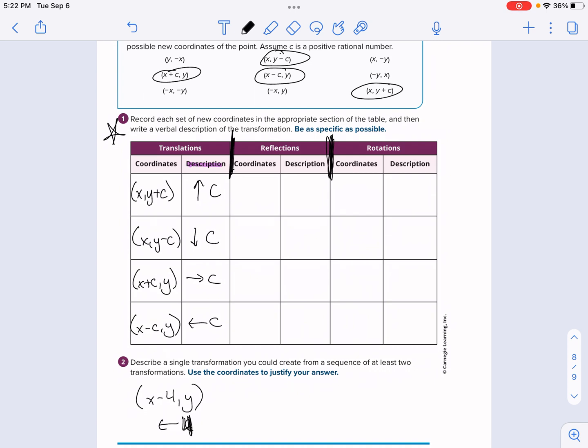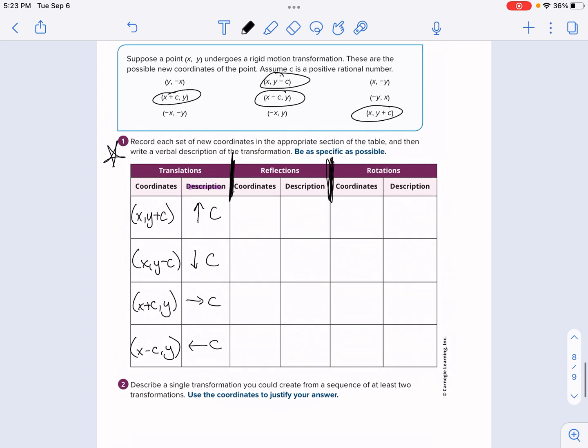Okay. Anyways, moving on to the next one, which is reflections. And there's only 2 of them that we're going to focus on here. We'll go to this one first. And we'll write it here, x comma negative y. What this means, you're going to reflect it about one of the axes. Since we're changing the y, this means reflect across the x-axis.